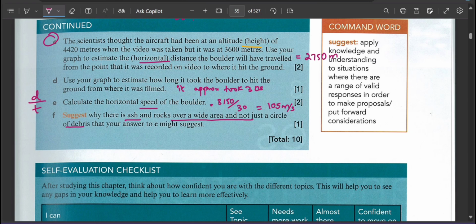So that's going to be our answer, that rock and debris or dust will have much more speed as it has more or greater surface area than solid rocks.